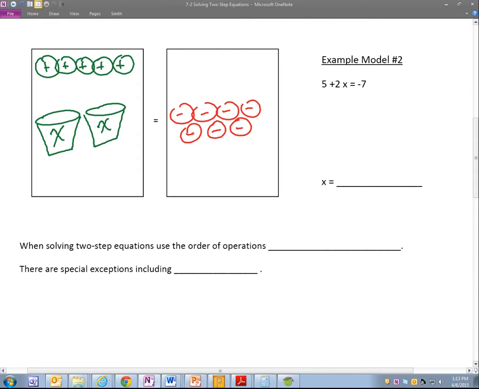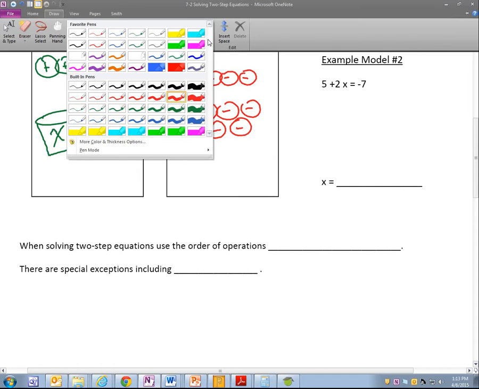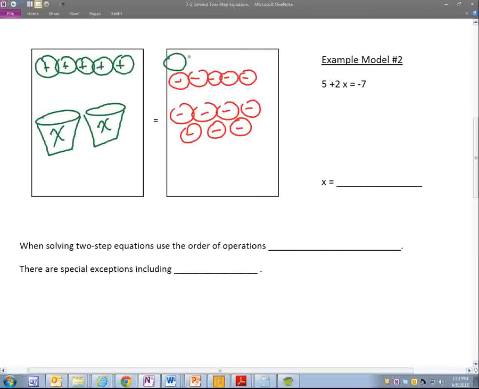Now I need to do a little sea of zeros to represent that positive integer 5. So in order to do that, I have to create a sea of zeros. So I'm going to do 1, 2, 3, 4, 5, and 1, 2, 3, 4, 5. So I'm going to create a sea of zeros to represent that.